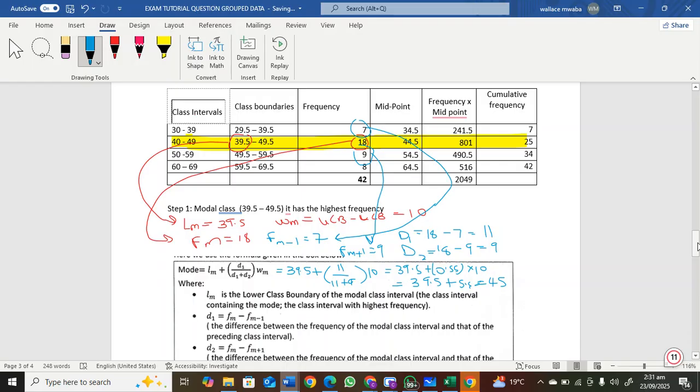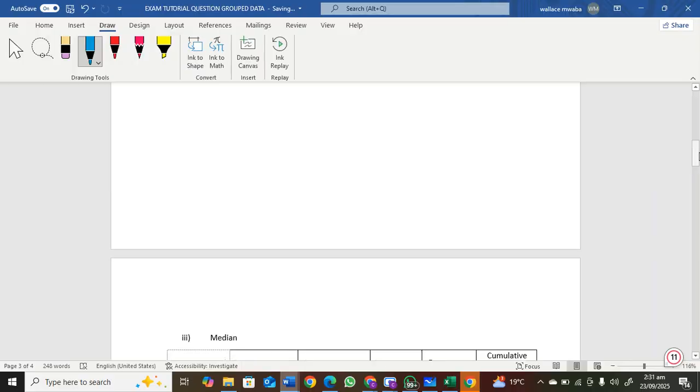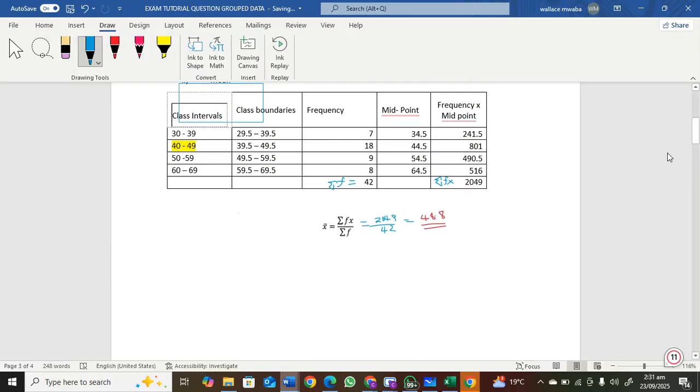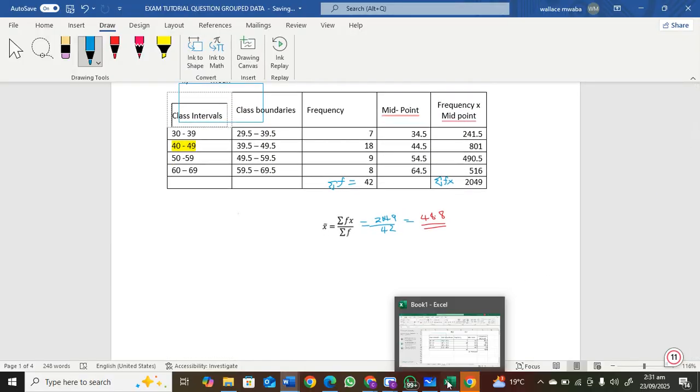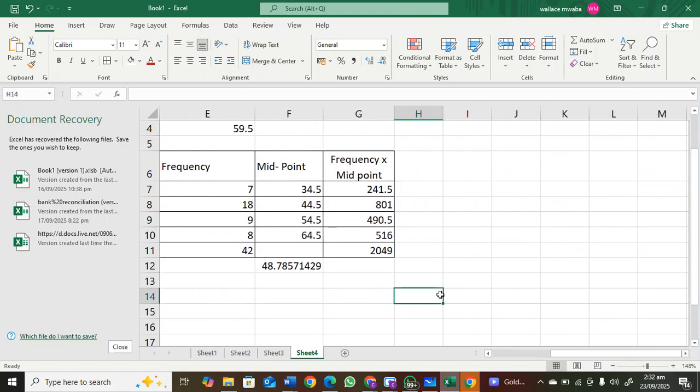All right, now we get the standard deviation. With our standard deviation, this is what we need to do. You need to square the midpoint.